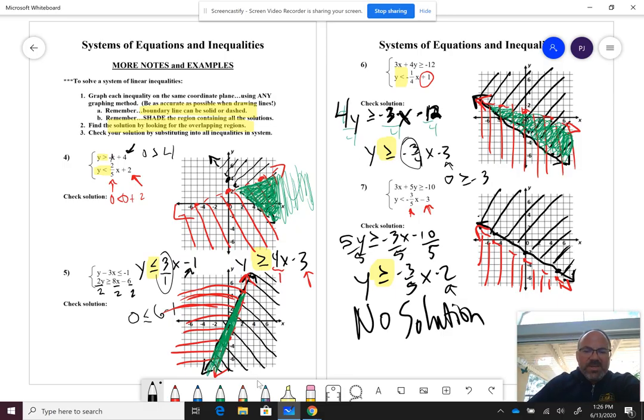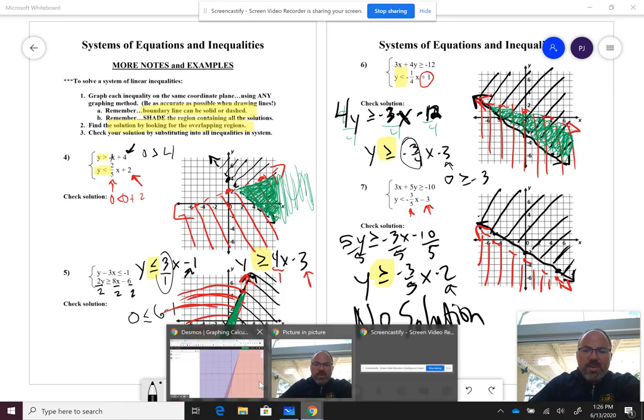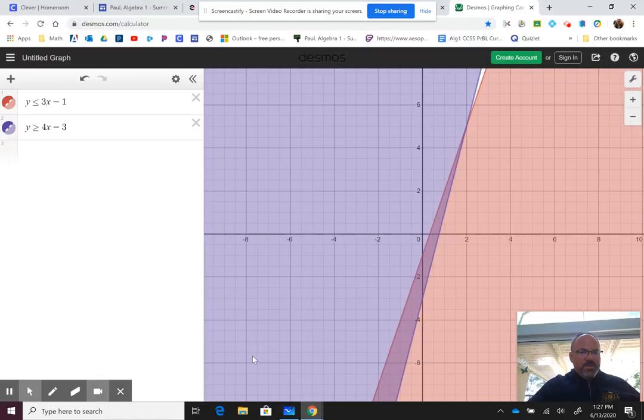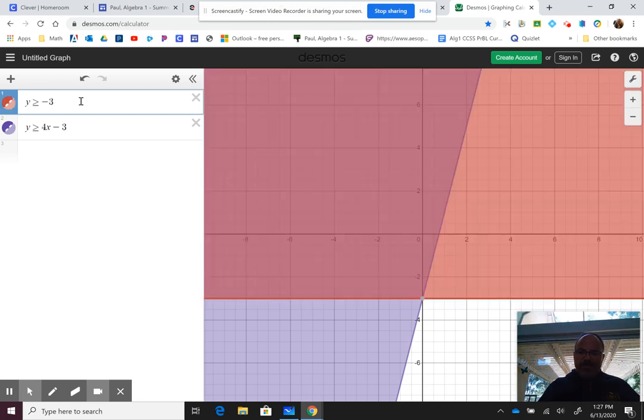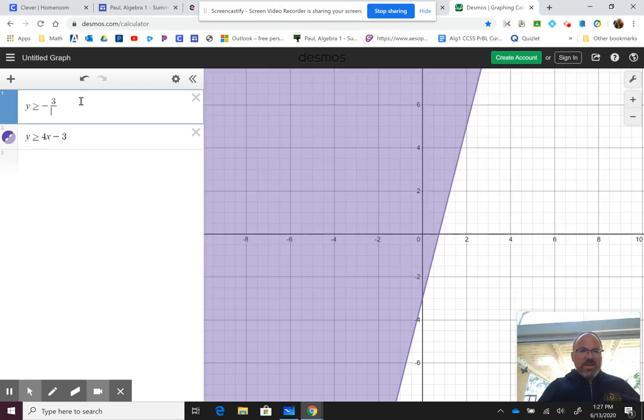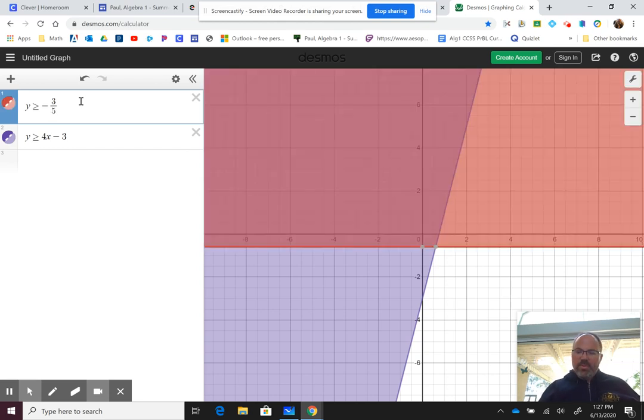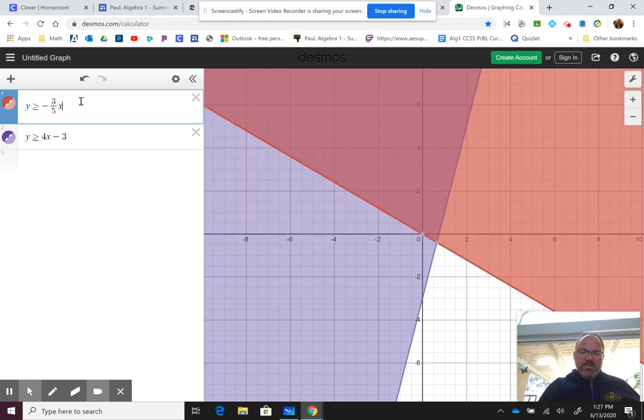Okay, I could show you guys maybe a little clearer here. Let's see if I get this right. Y is greater than or equal to negative 3 over 5, x minus 2.